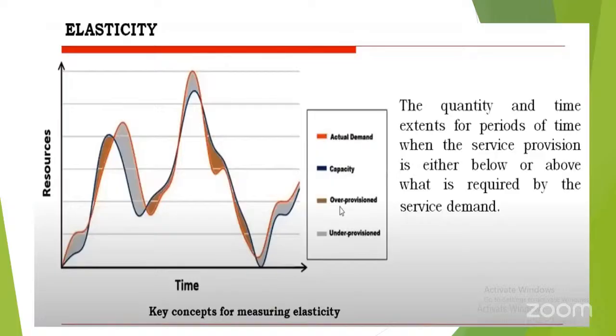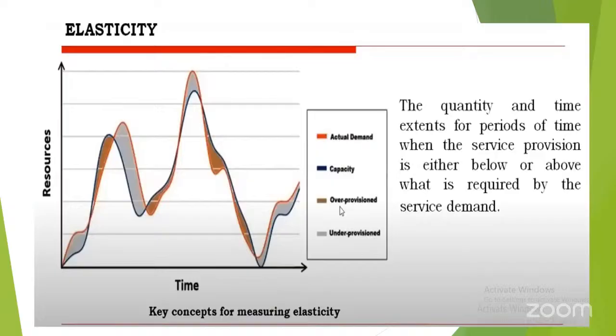So when there is elasticity, whenever there is demand, we need to provide that much. The first one is on demand. Actual demand, every day the server is accessed on demand, say the demand is 100 users. Then you provide the same services, all the services requested by the 100 users, which is fine.